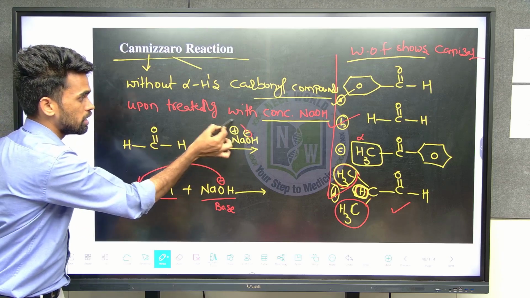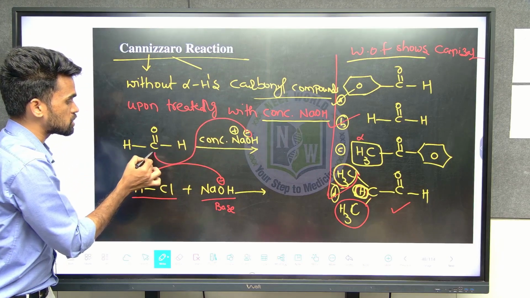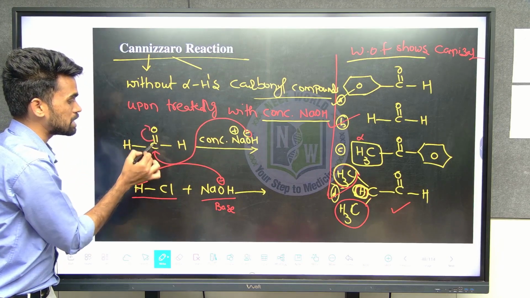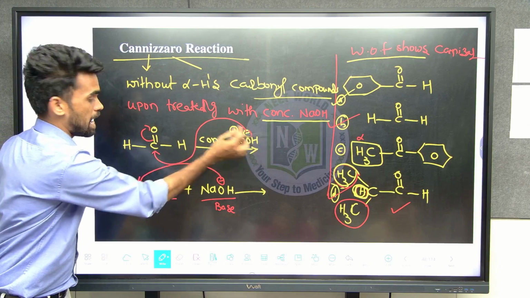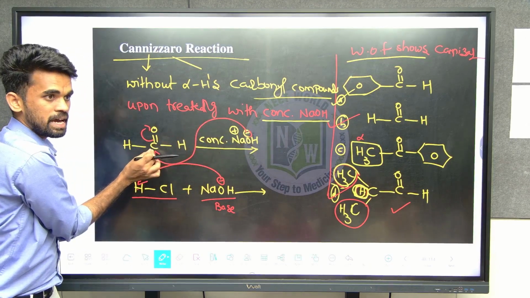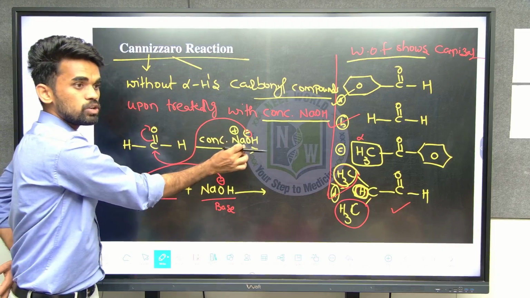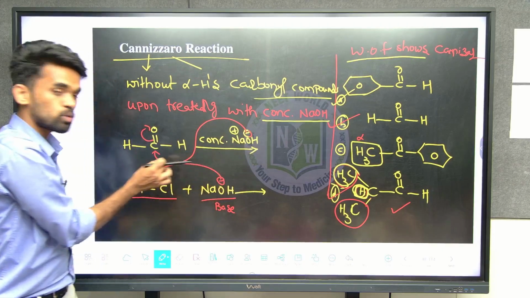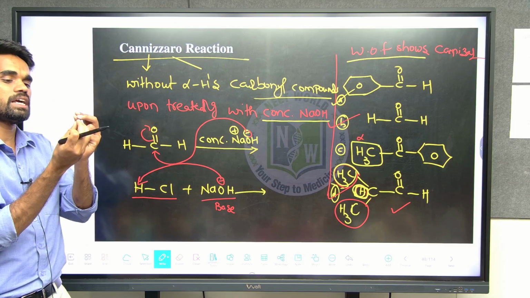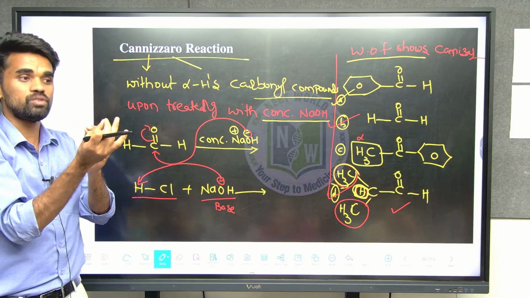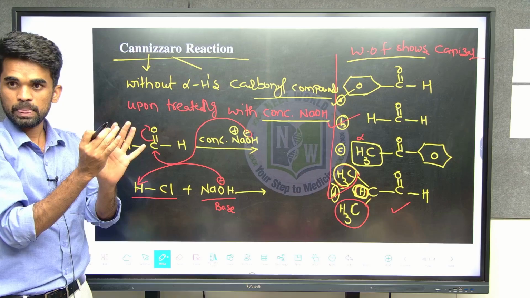It will go and attack this carbonyl center. Carbonyl center means electrophilic center, no? So if OH minus is attacking electrophilic sites, you should say it as a nucleophile. If it is taking a proton, you should say it as a base. This is a very small thing you can expect in vivas or interview questions.